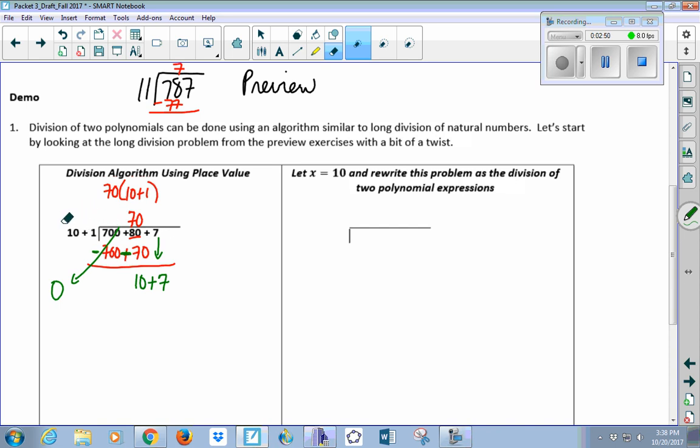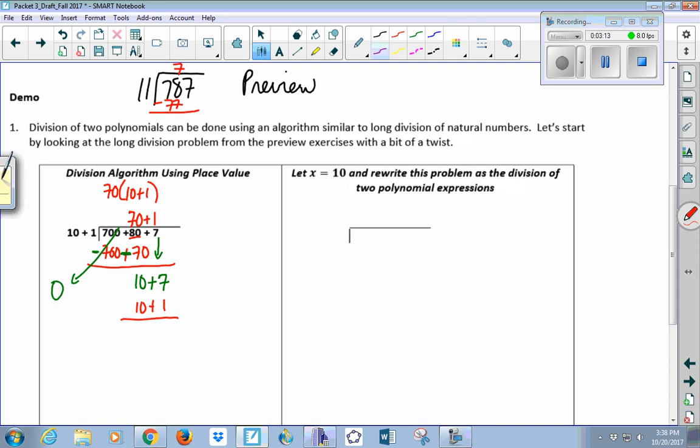I take my largest place value here, 10, and my largest place value in my dividend, and I say, how many 10s are in 10? And my answer would be 1. So I say now plus 1, and notice I'm right above my ones place. There's 1 10 in 10, so we get 10 plus 1.